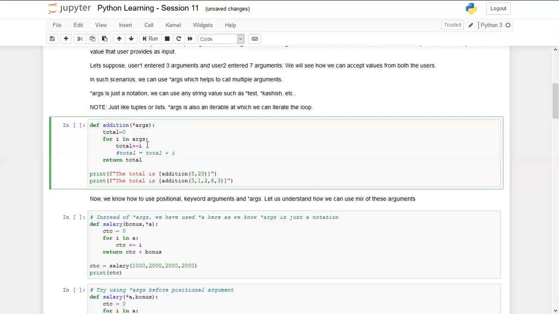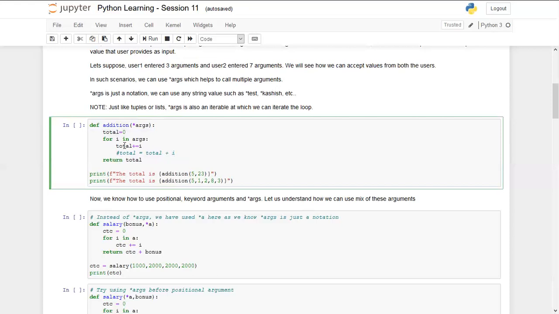What it will do: suppose the first value of args is 10. It will take 10 and add it to the total, so the new value of total will be 10. In the next iteration, suppose args has the next value, 3. Again it will add total, which is 10, plus i, which is 3 now. So the new value of total will be 13. I hope you remember this concept now, how to make these additions.